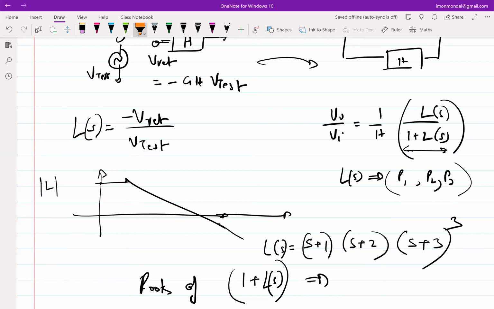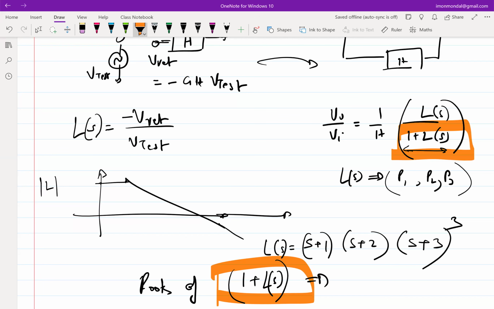And as it turns out, the thing that we are looking for is the roots of 1 plus L of S, because ultimately we will look for a closed loop response, right? So since it is mathematically difficult to find out the roots of 1 plus L of S, we try to evaluate the properties of L of S and then extrapolate our knowledge of L of S to 1 plus L of S. If tomorrow some mathematician comes up with the theory that I can easily evaluate 1 plus L of S, then the entire control system, the way it is being taught, will change, right?